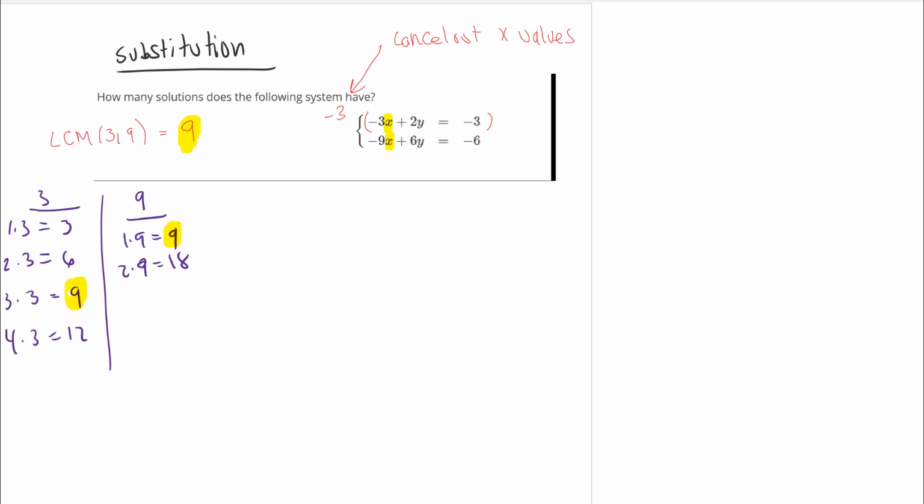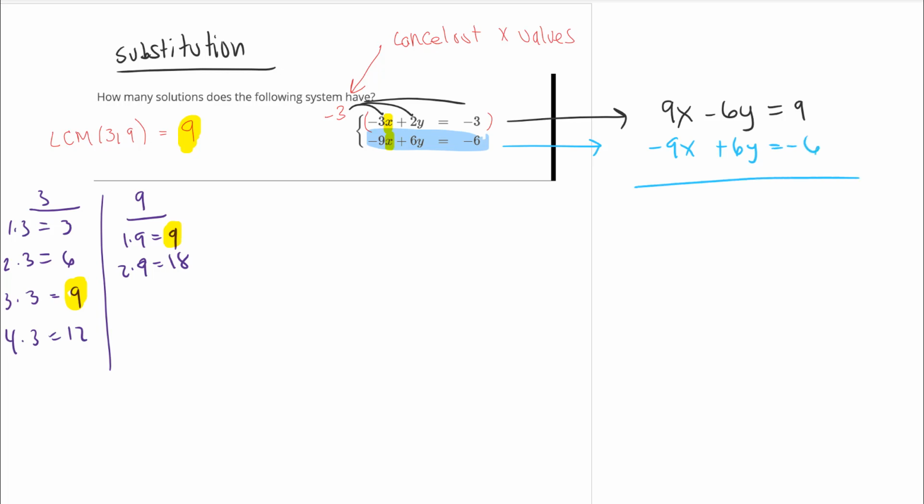So if that's the case, then that first equation, when I go ahead and distribute a 3 into everything, I'm going to have a positive 9x minus a 6y is equal to a positive 9. And the second equation here, I didn't do anything to it. All I did is just write it over. So I have a negative 9x plus 6y is equal to a negative 6.